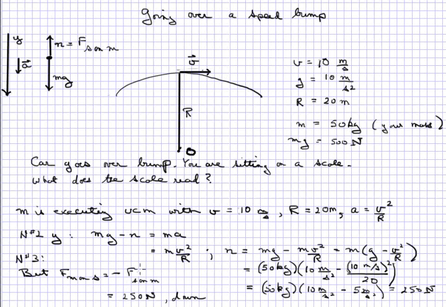Well, this quantity right here is equal to N, as you can see from the picture up here. And so the magnitude of this force is 250 newtons, and since it's the negative of the normal force, which is pointing this way, it's pointing down, and that's your force on the scale.